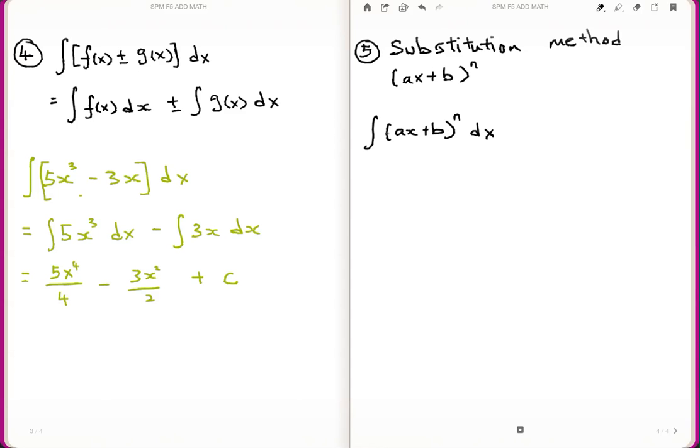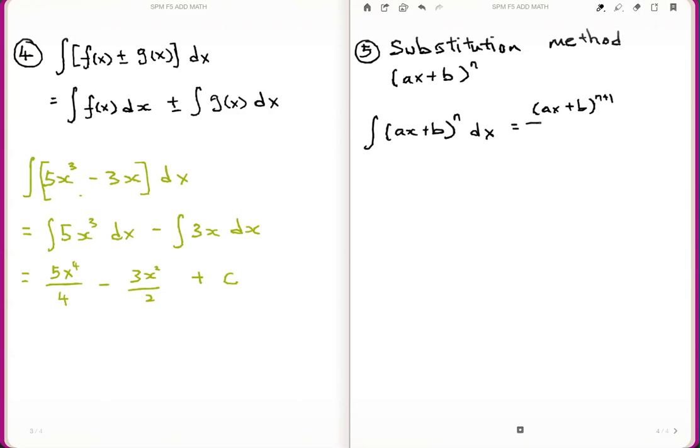Theoretically, if you take it in this term as one form, like in law number 2, you can straight away write the answer as (ax+b)^(n+1). That's what we learned earlier.